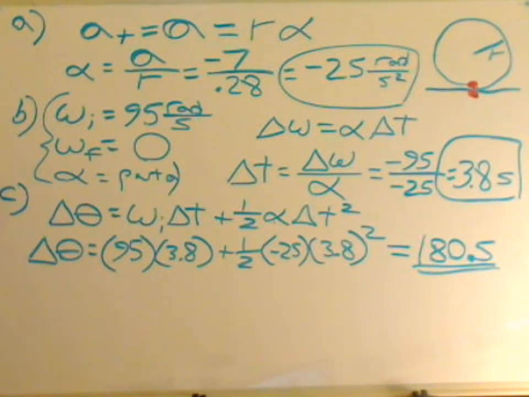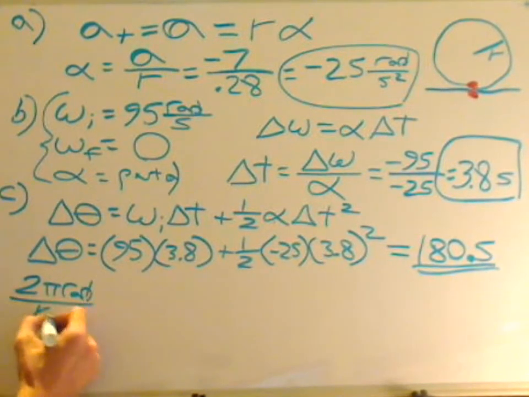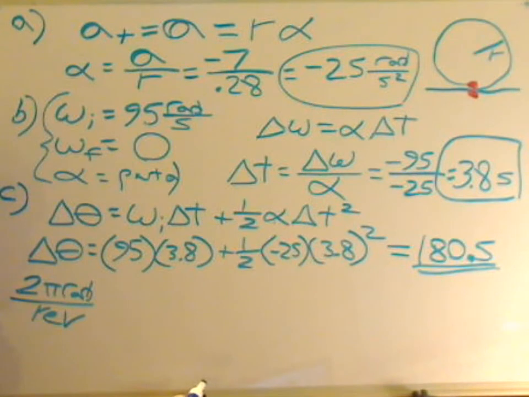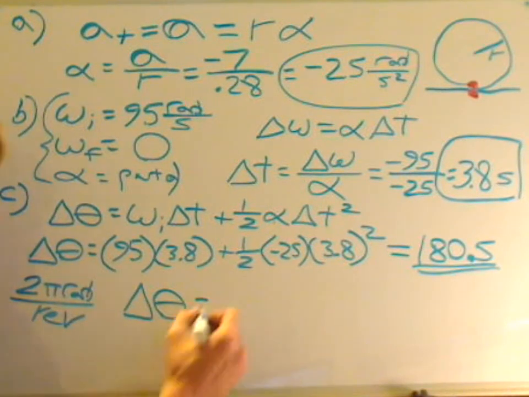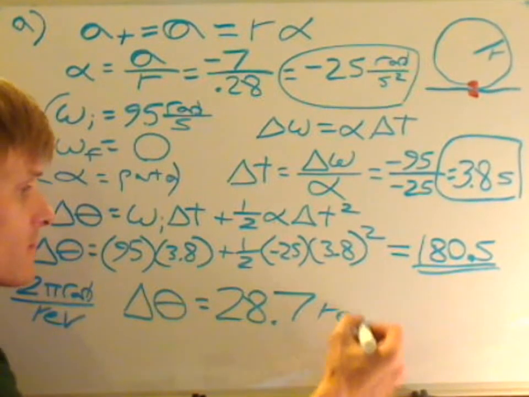So to find the number of revolutions, well, there are 2 pi radians in 1 revolution. Okay? So you have to divide this by 2 pi. And when you divide that by 2 pi, you find the total angle we've gone through in revolutions is 28.7 revolutions.